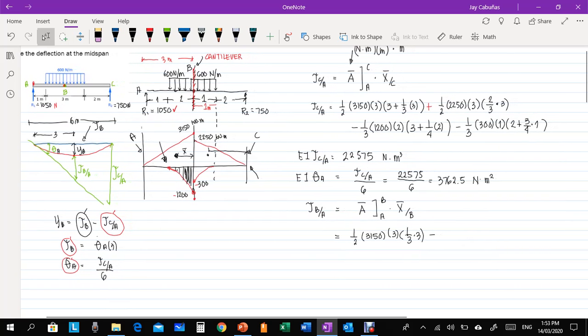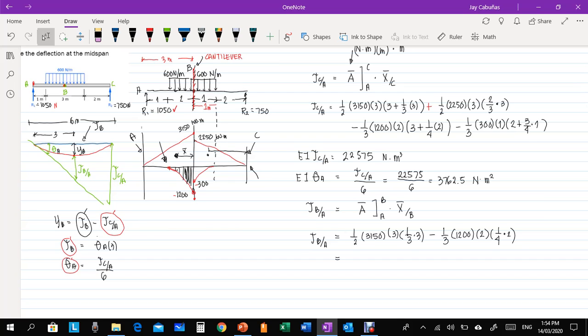That is equal to 1/3 still, times 1,200 times the base 2, times the centroid from point B, that is 3/4, sorry, that is 1/4 times the base 2. Okay, the base 2 is the distance between these two. Okay, so we have the deviation of B relative to A equal to what?